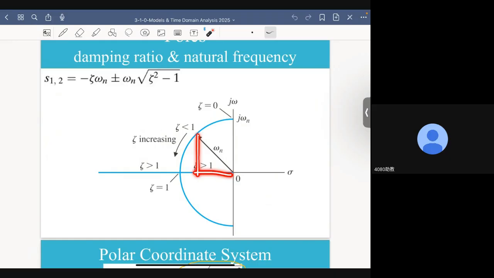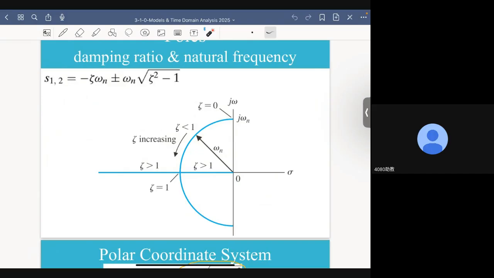Look at this triangle, okay? You take the square root and add to the square root of this term, and then you take a square root again. What you will see is omega n. So the distance, once the poles are located on this circle, the distance between the pole and the origin is omega n, all right?